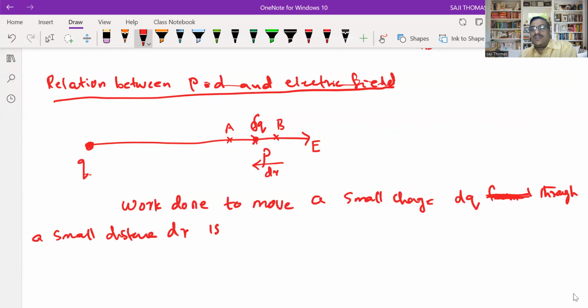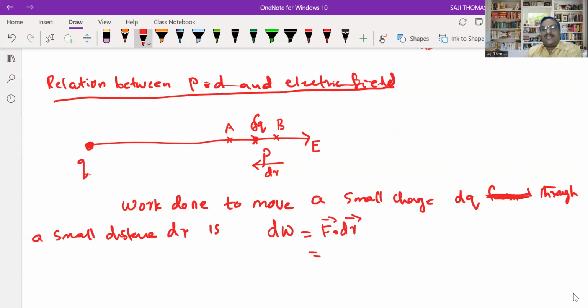What is the equation for work done? F dot dr. 11th standard we learned. So the work done, we write dW is F dot dr.